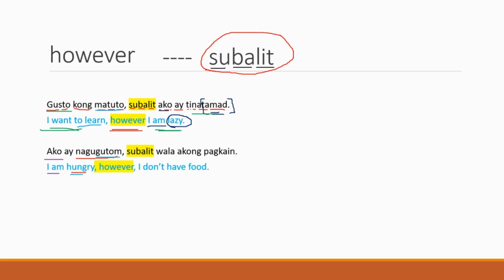Tamad already means lazy. Subalit is for however. Wala is do not or do not have. Ako is for I. That's correct. And food is pagkain. So, this is how subalit is used in a sentence.